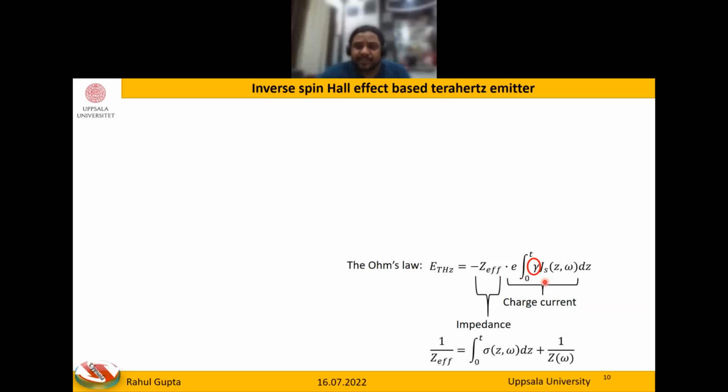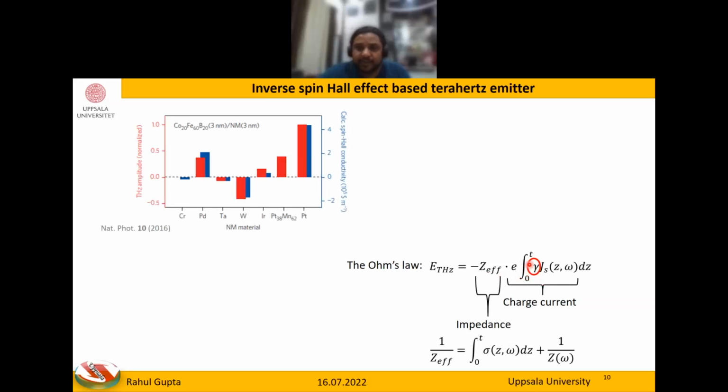Let's say we talk about the spin Hall conductivity in this cobalt iron boron and different non-magnetic layer structure. If we see this paper, where they measured the terahertz amplitude as a function of different spin-orbit coupling materials, they found the highest terahertz amplitude when they had high spin-orbit coupling material, which is also proportional to the spin Hall conductivity.